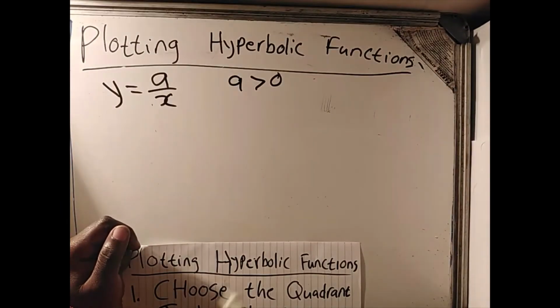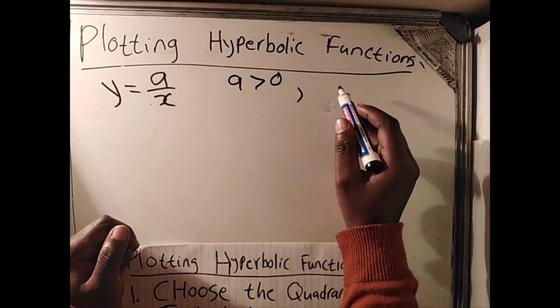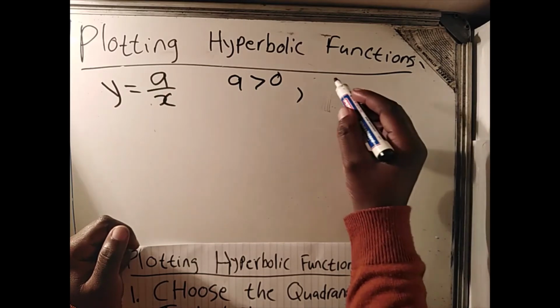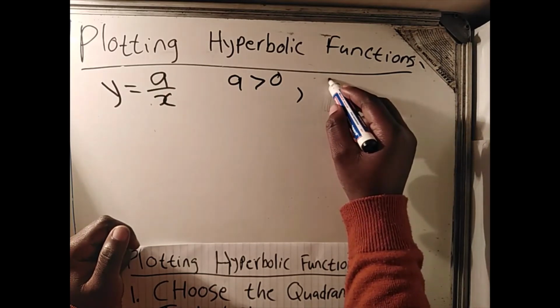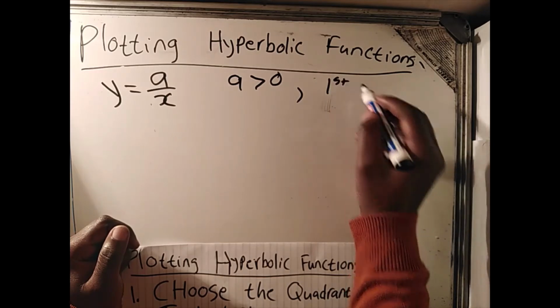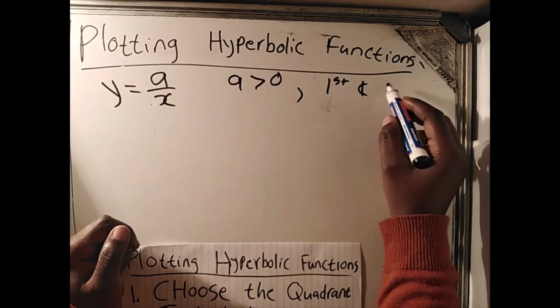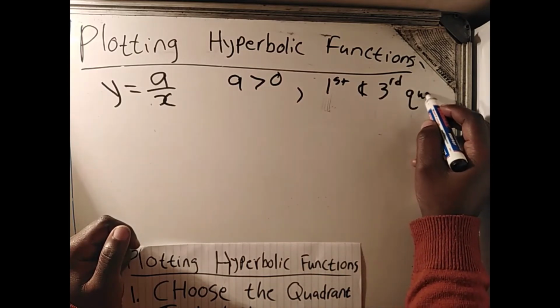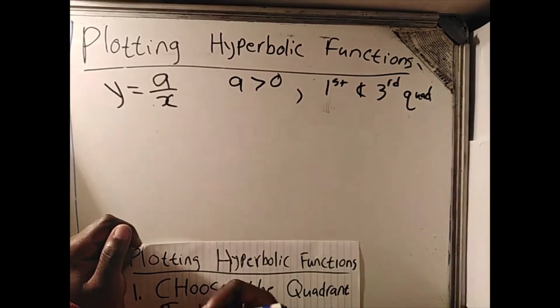greater than 0 simply means positive, therefore your graph is going to be on your first and third quadrant.